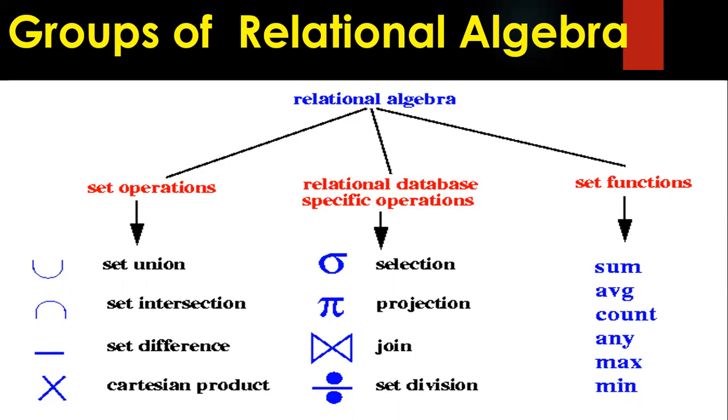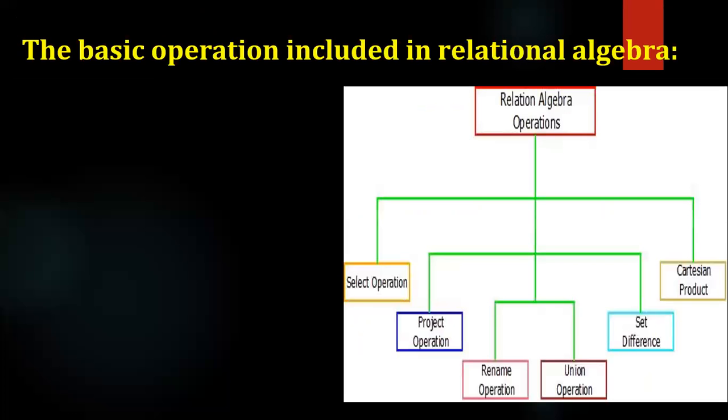Set functions are the same as other mathematical functions to form sum, average, count, max, min, etc. Now we'll start with the basic operations of relational algebra, which are specific to the relational data model: select, project, rename, union, set difference, and Cartesian product.